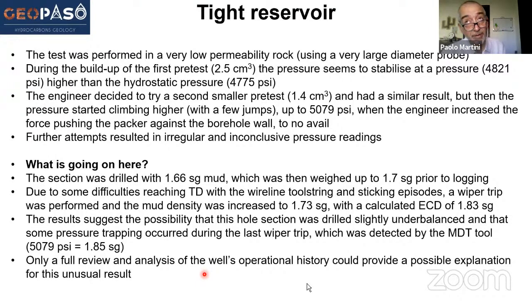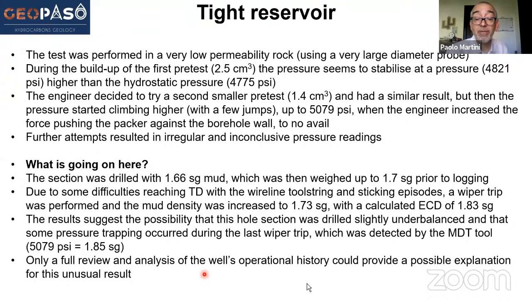Some of the tool strings had difficulties reaching TD, and they also experienced some sticking episodes. So they decided to perform a wiper trip and increase the mud to 1.73. And while they were circulating, the ECD, the equivalent circulation density, was 1.83, and this is calculated. It's not the real ECD, it's just calculated.